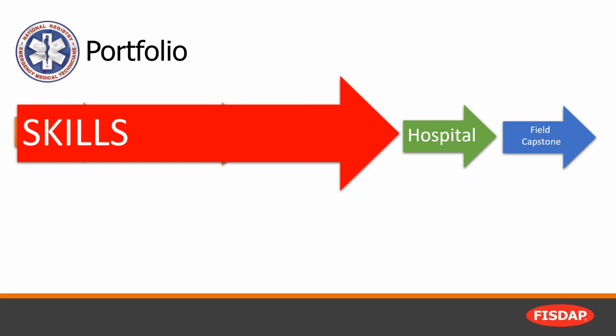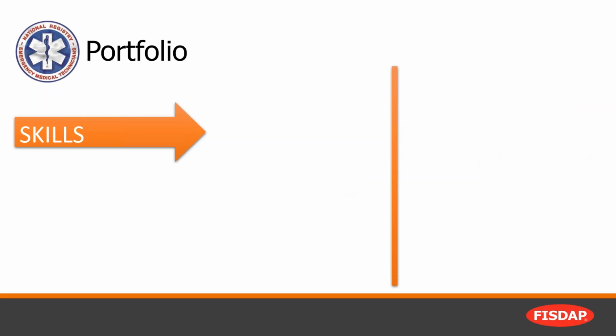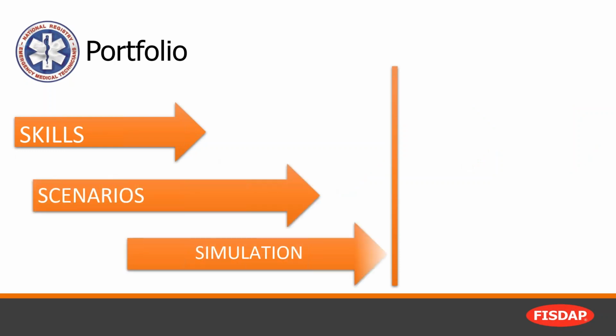If you try to front load all the quote unquote individual discrete skills, you're going to find that everything gets focused on skill-based education, when really the portfolio was intending for people to do scenarios right away, do many of them, and really transition people away from individual skill repetition and into integration of those skills within scenarios, which in Fisdap has always meant, the word scenario, the word simulation, replace it with the word patient.